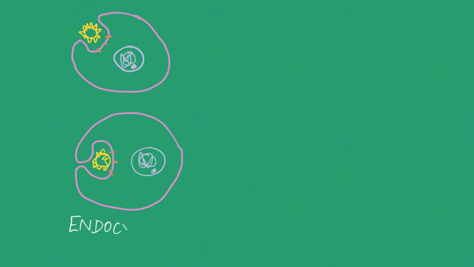The cell then engulfs the virus and puts it into its lysosome, which then destroys it. We call this process endocytosis. Most specifically, we call it receptor-mediated endocytosis because the receptor helps to recognize the virus. And the type of membrane protein that is important here is a receptor protein.